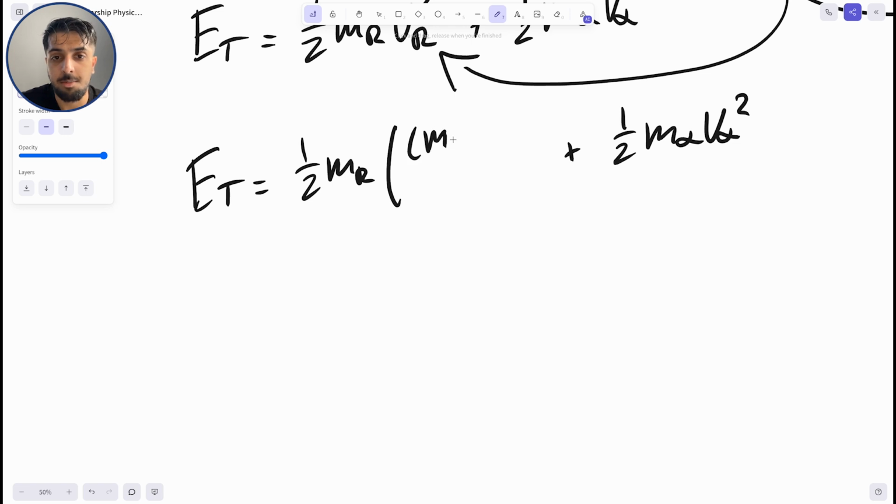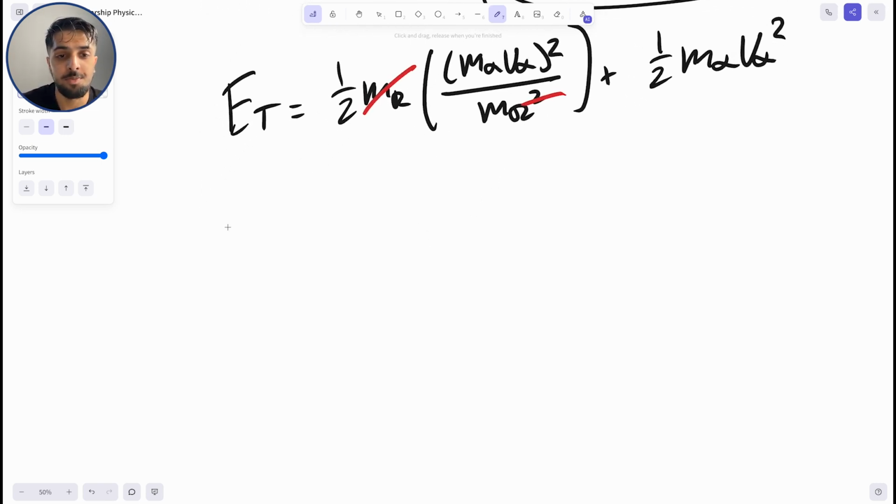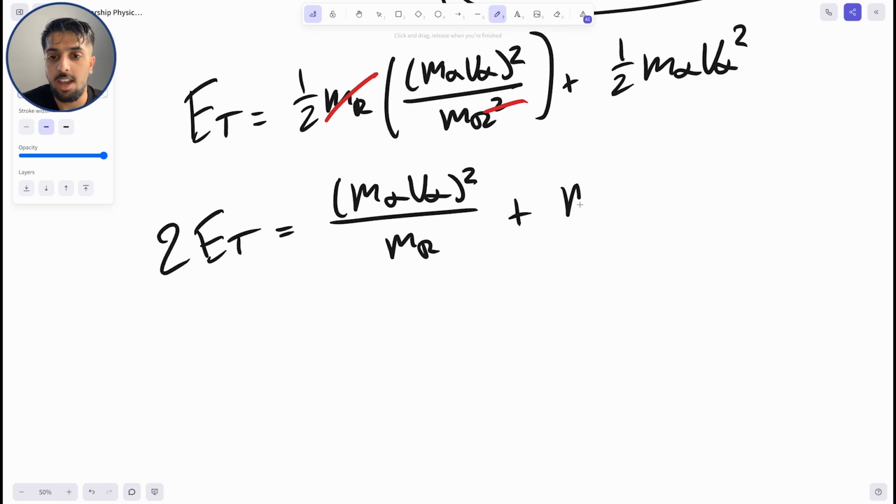We get m alpha v alpha squared all over mR squared, and now we can cancel out the power, and we can also times both sides by 2, so we get 2Et is equal to m alpha v alpha squared all over mR plus m alpha v alpha squared.